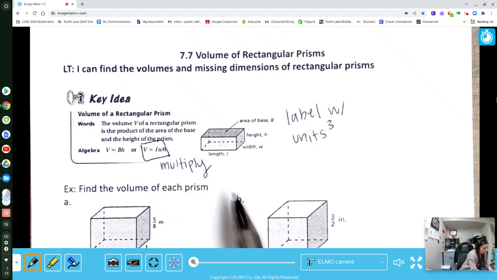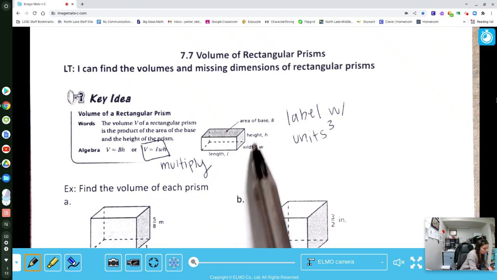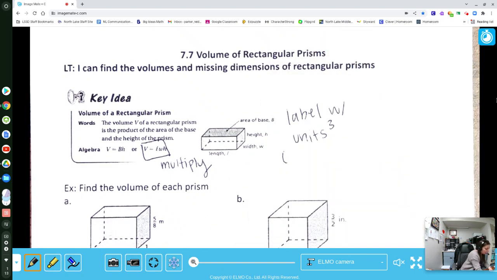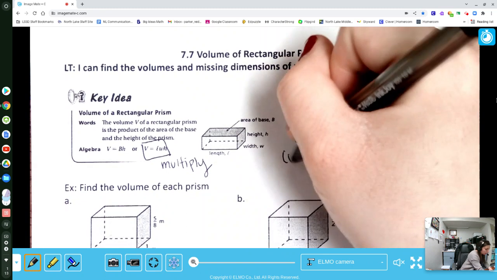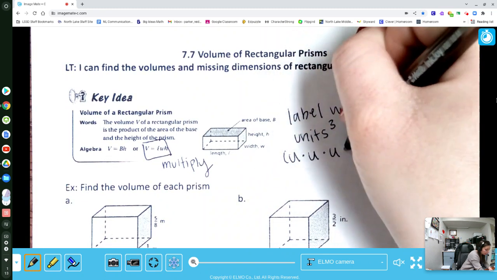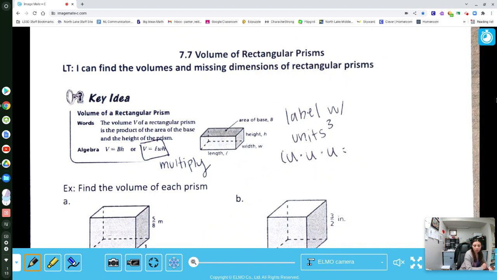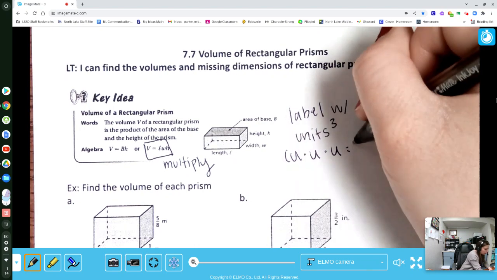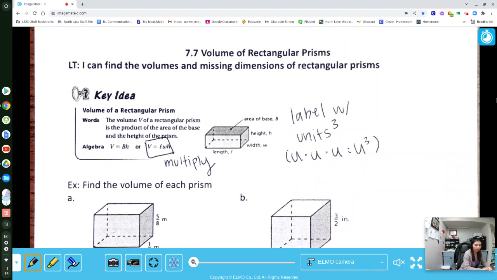Because we're multiplying together three different dimensions, length, width, and height, I'm multiplying together the units three times. Units times units times units. We learned that when you have repeated multiplication, you can rewrite this as a power. Units to the third power, units cubed. So because volume is three things multiplied together, three different dimensions, three different units, we label it with units cubed.